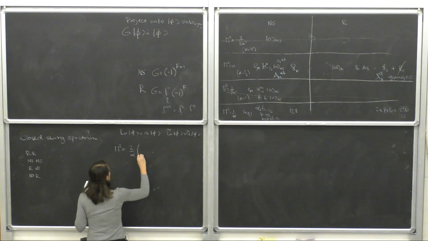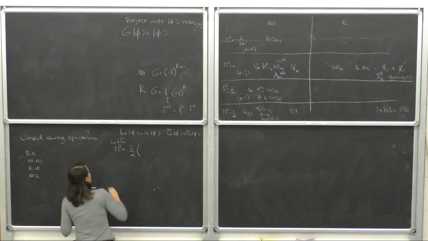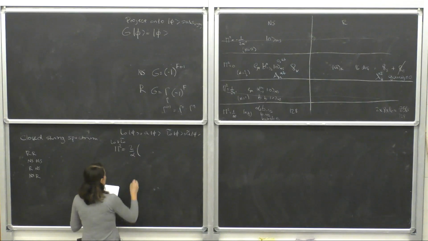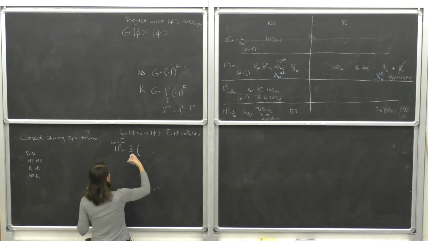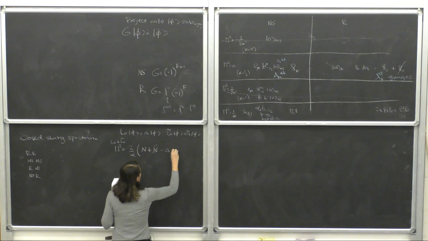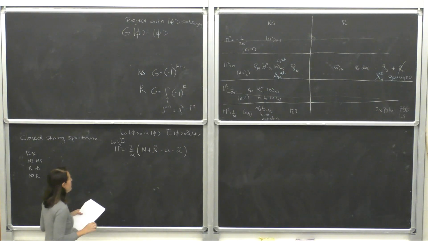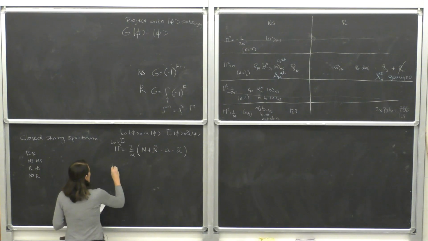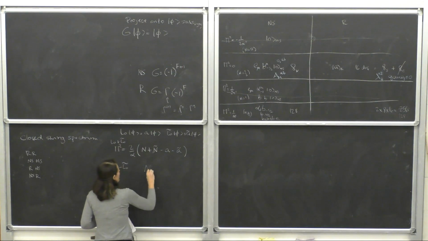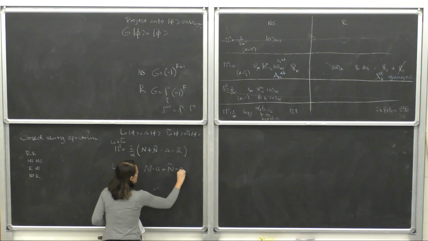So doing L0 plus L0 tilde, what you get, like in the closed bosonic string, is that the mass squared of the states is 2 over alpha prime times (n plus n tilde minus A minus A tilde). And the L0 minus L0 tilde condition says that n minus A is equal to n tilde minus A tilde.